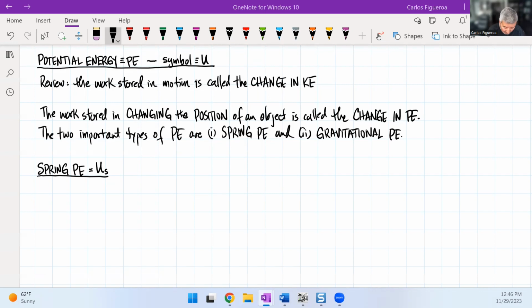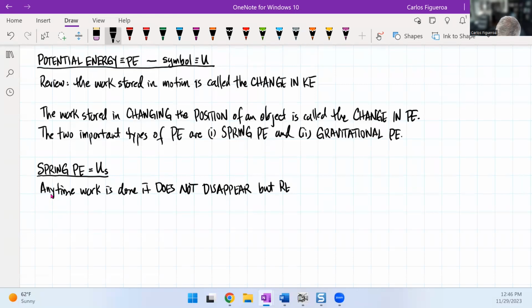And here's what we find: anytime work is done, it does not disappear, but reappears as stored work.